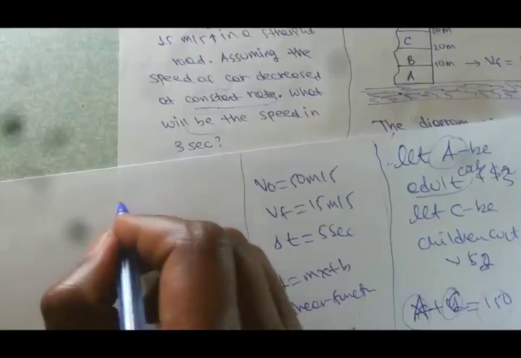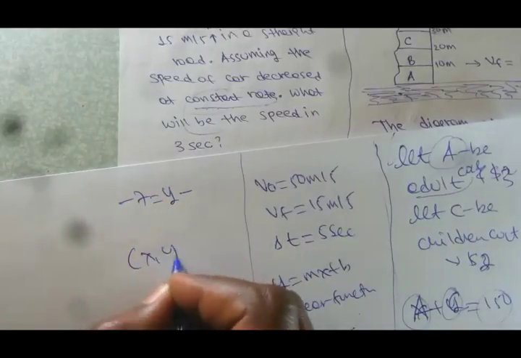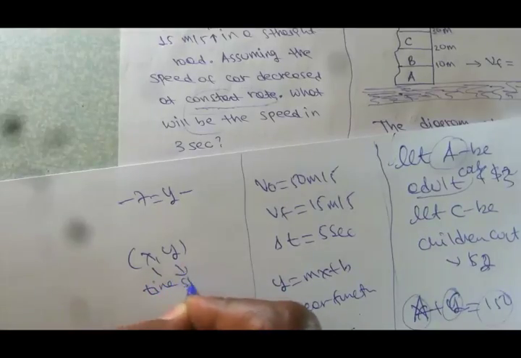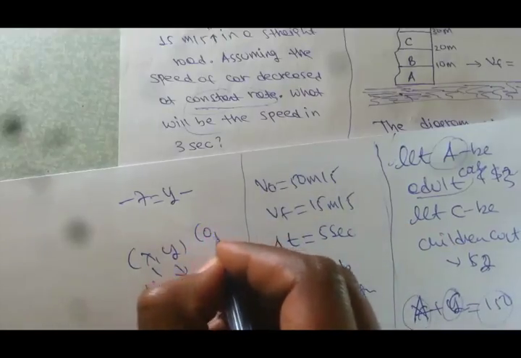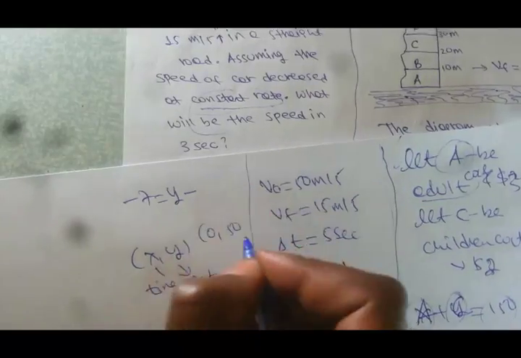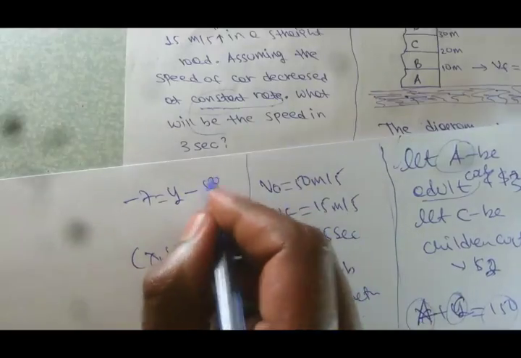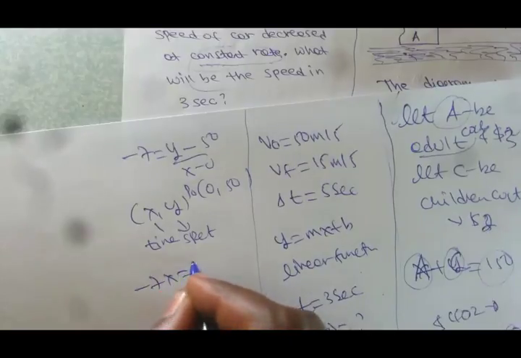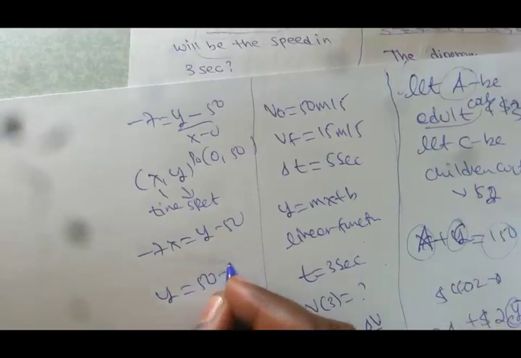Therefore minus 7 is equal to y minus, we know that x is time, y is speed. When it was initially at 0, the speed was 15 meters per second. Therefore we use this as the point. Y minus 15 over x minus 0 is minus 7, so minus 7x is equal to y minus 15. Therefore y is equal to 15 minus 7x.